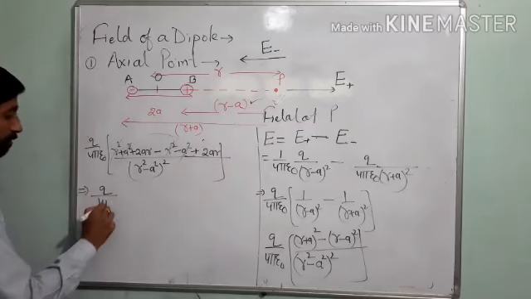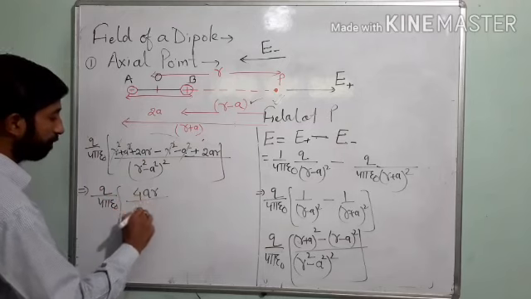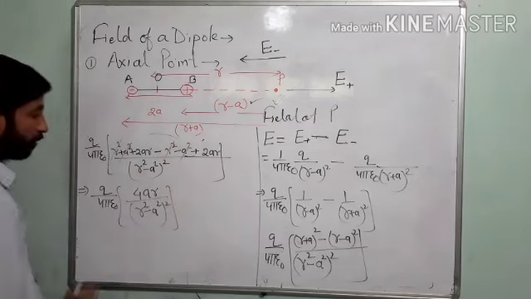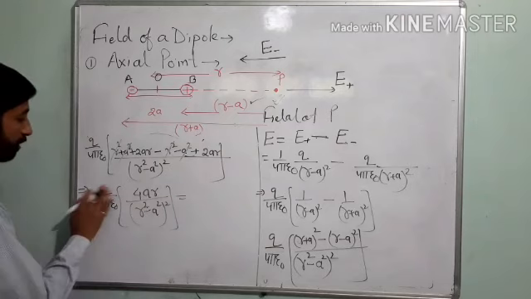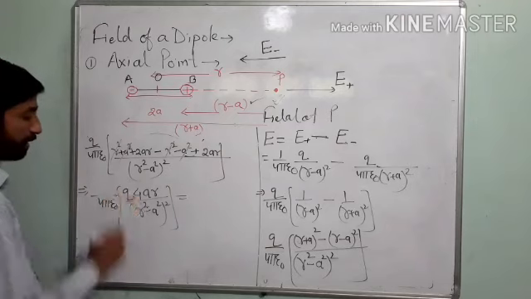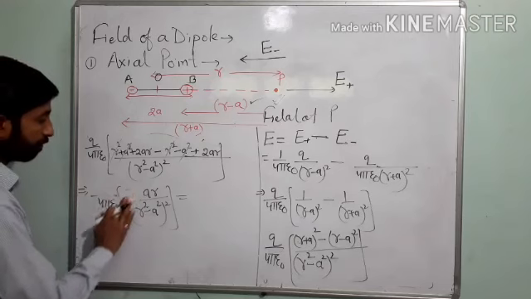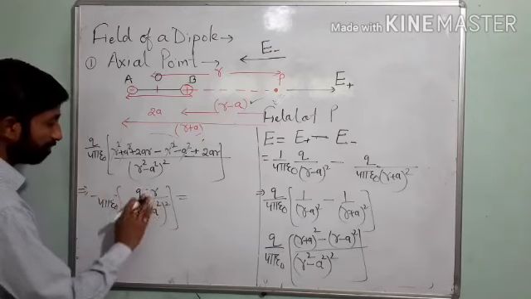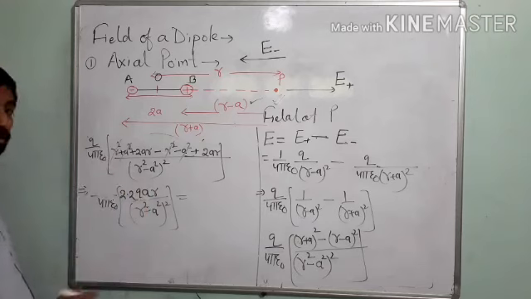Q upon 4 pi epsilon naught, 4 A R over (R square minus A square) to the power 2. Now split this term. Along with, we can take the Q inside and split this 4 into 2 into 2.